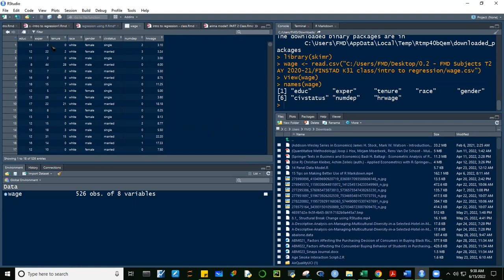We'd like to see how education, experience, tenure, or even the categorical variables race, gender, civil status, and another quantitative variable, number of dependents, have an impact on hourly wage.